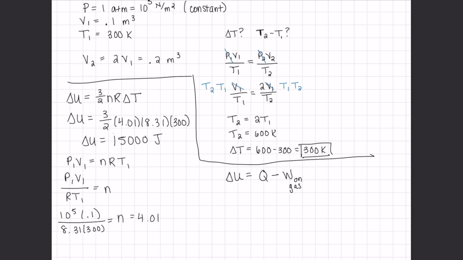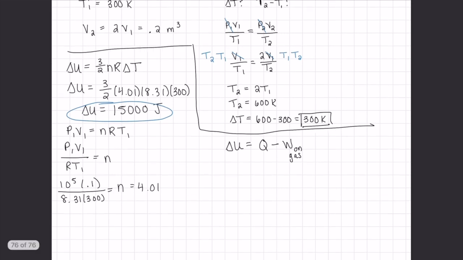So I'll go ahead and box that since we're going to need that to plug in to our equation over here. The other thing that we can do is solve for the work done on the gas, because we know the pressure is being held constant and we know the change in volume. So I will do that piece over here. Work on gas is negative of the pressure times the change in volume.